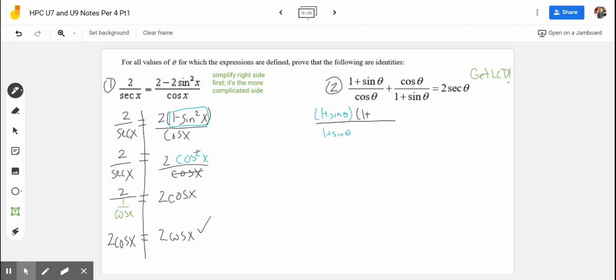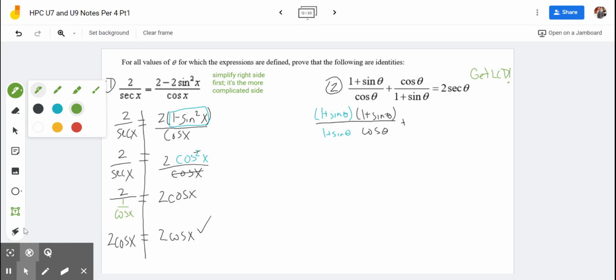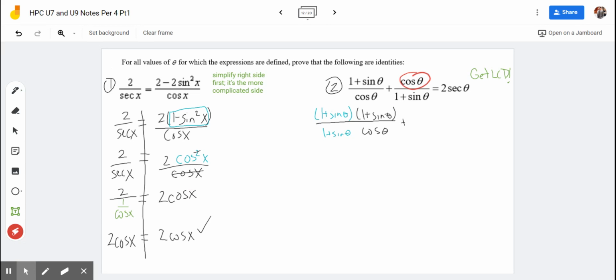So it'll be 1 plus sine theta here, cos theta for this first fraction, and then we would multiply cos theta to the numerator here and to the denominator.